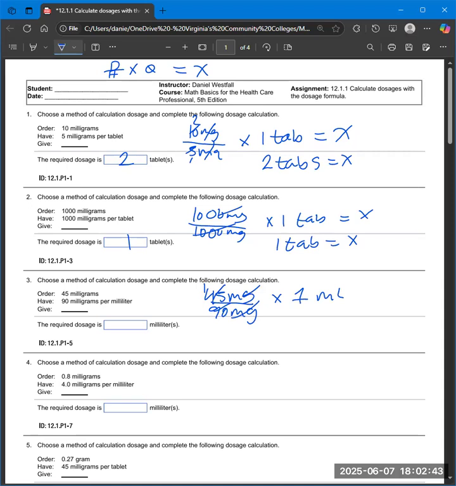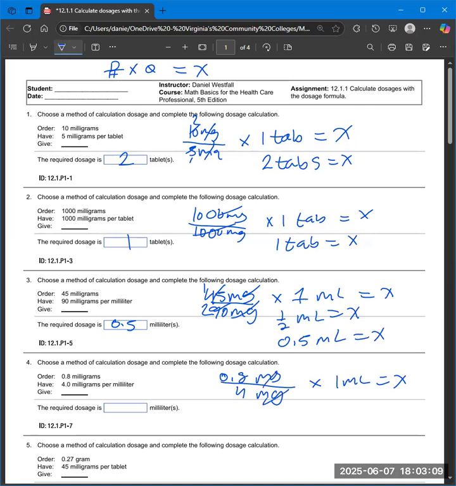So we're going to dispense half a milliliter, which should be written as 0.5 milliliters. 8/10 of a milligram over 4 milligrams per milliliter. So this is 0.2 milliliters.